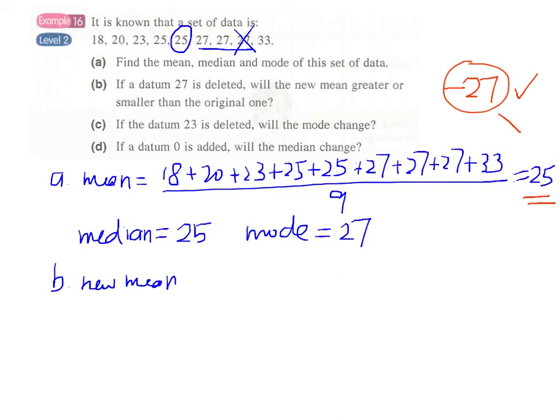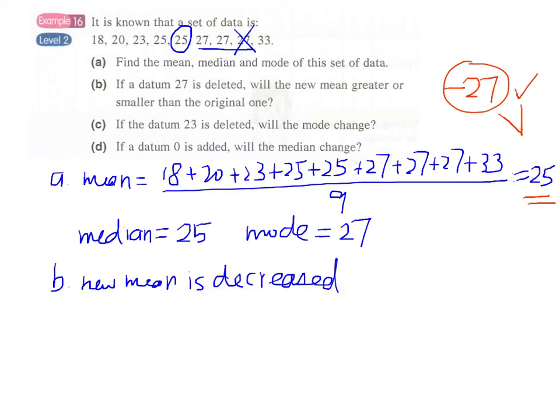Since this number is greater than the original mean, that is, a number larger than the mean is removed, the overall effect on the set of data is that the new mean will be decreased.